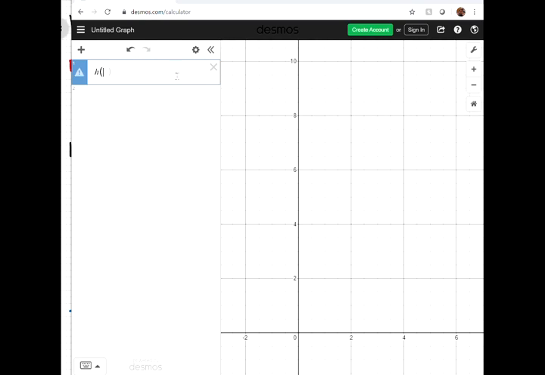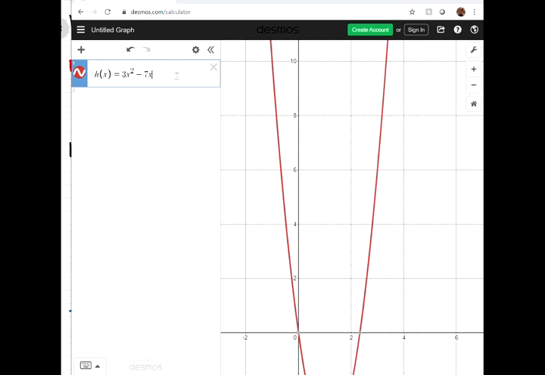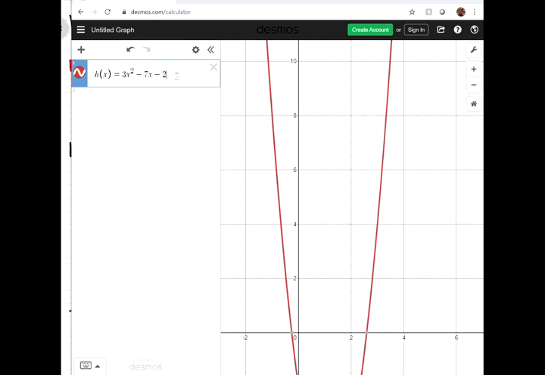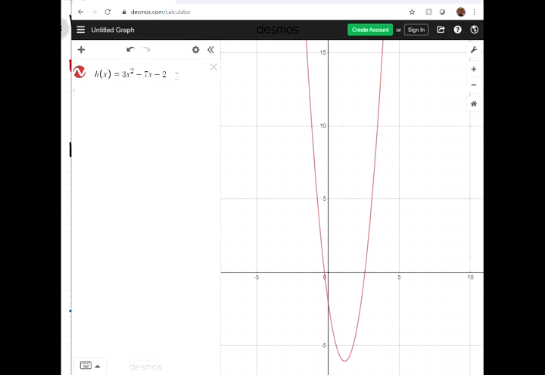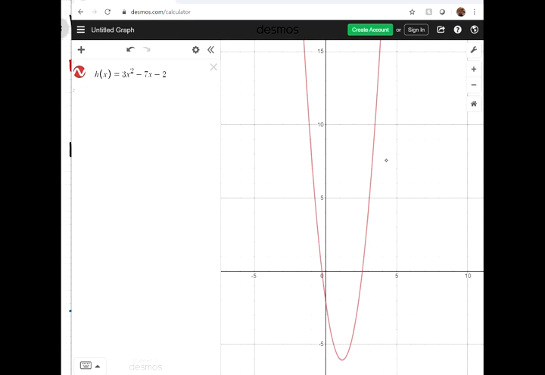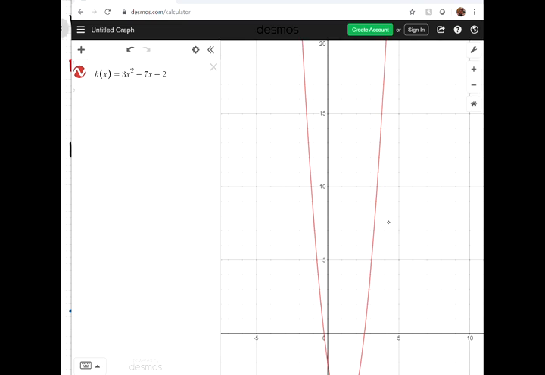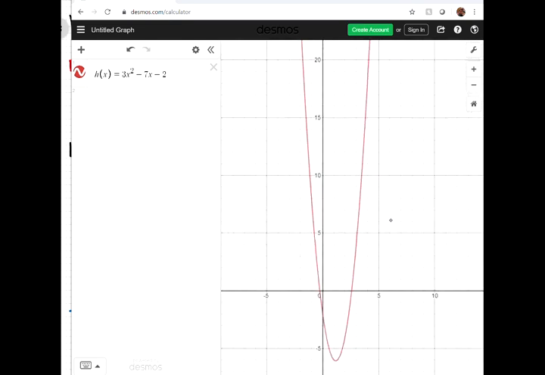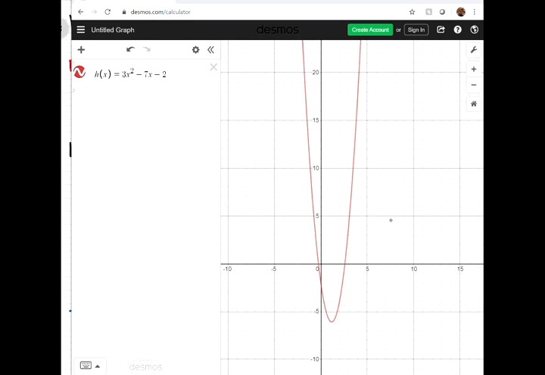Okay, so h of x is given, that's 3x to the second power minus 7x minus 2. Okay, so there's our function. And we have the point 3, 4. So when we graph the tangent line, it should intersect this parabola right at the point 3, 4.